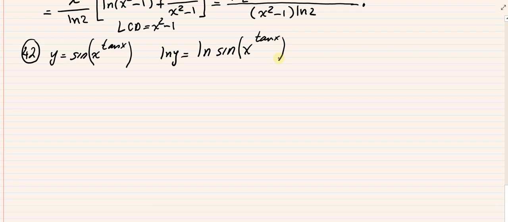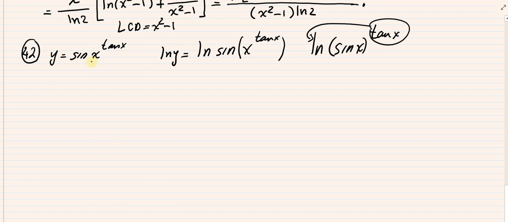Probably what they have in mind here is sine x to the tan x. That's fine. So when I have the natural log of that, I can bring tan in front.